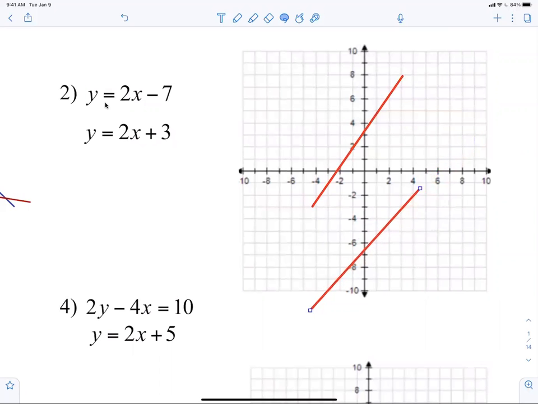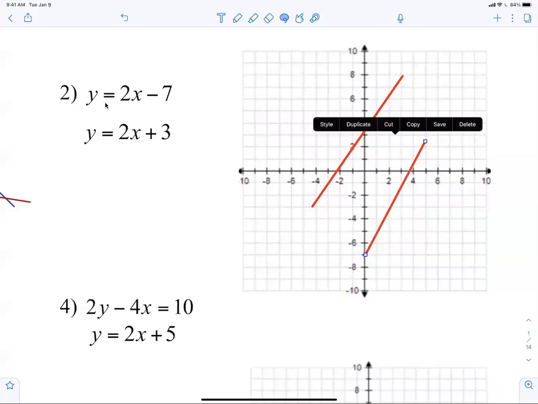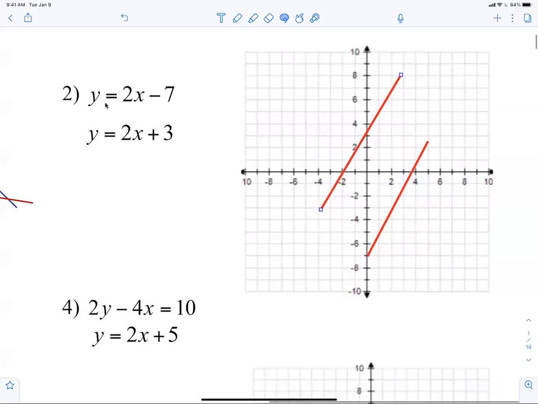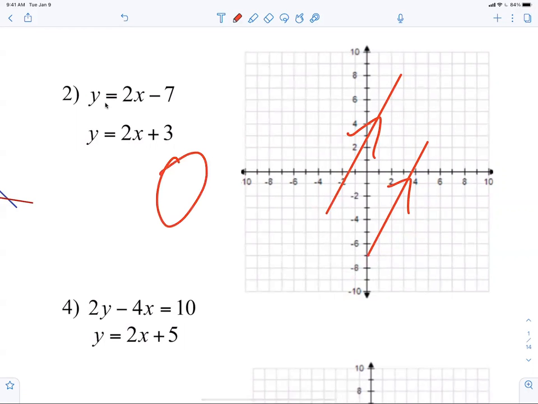All right, here we go. All right, there we go. Close enough. That's the symbol for parallel. All right, so the solution, no solution.